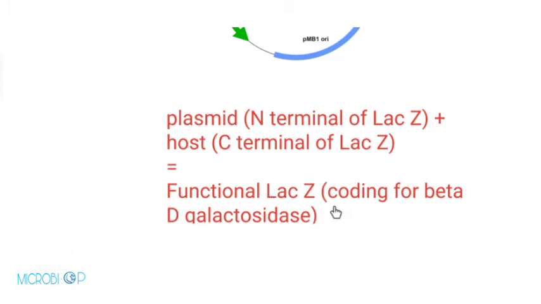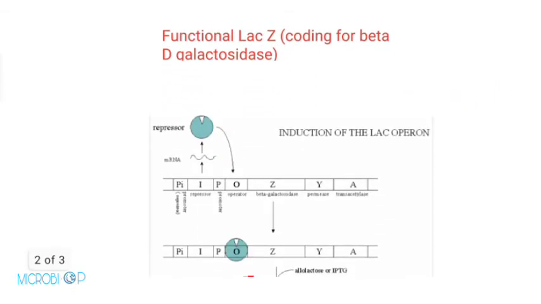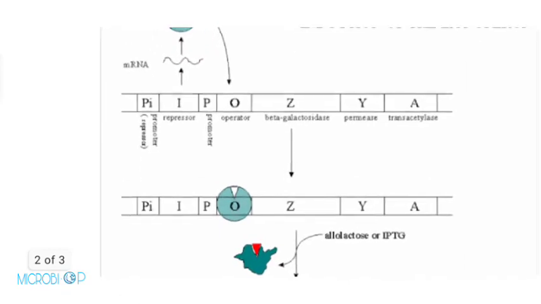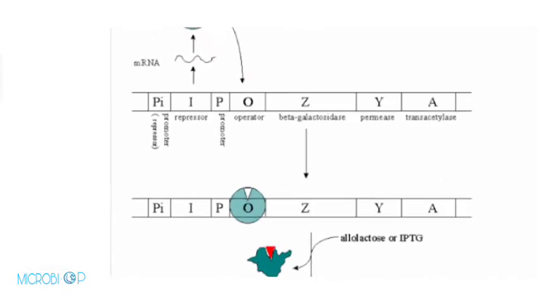Now for this we have to understand the operon system first. What is an operon? An operon is a series of genes. Now this is the lac operon system, or the lactose operon system. In the lac operon system, what do we have here?